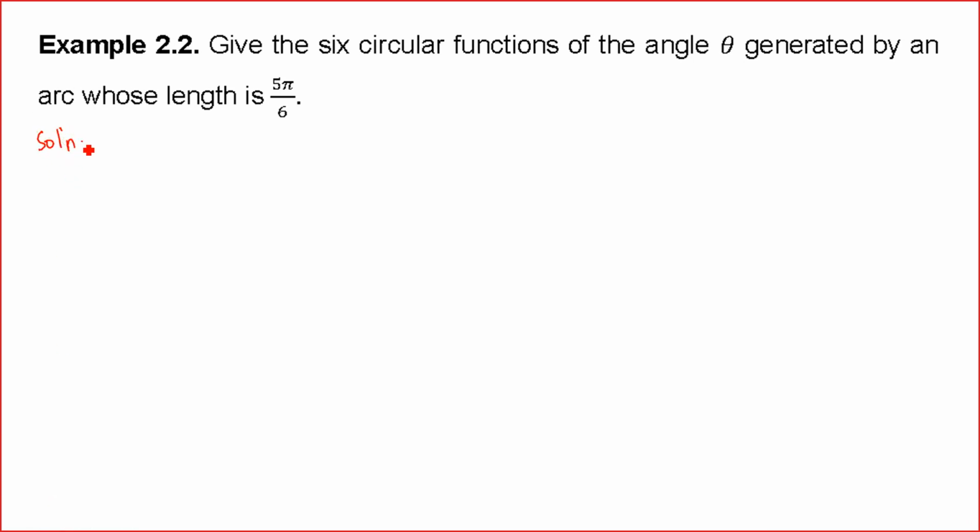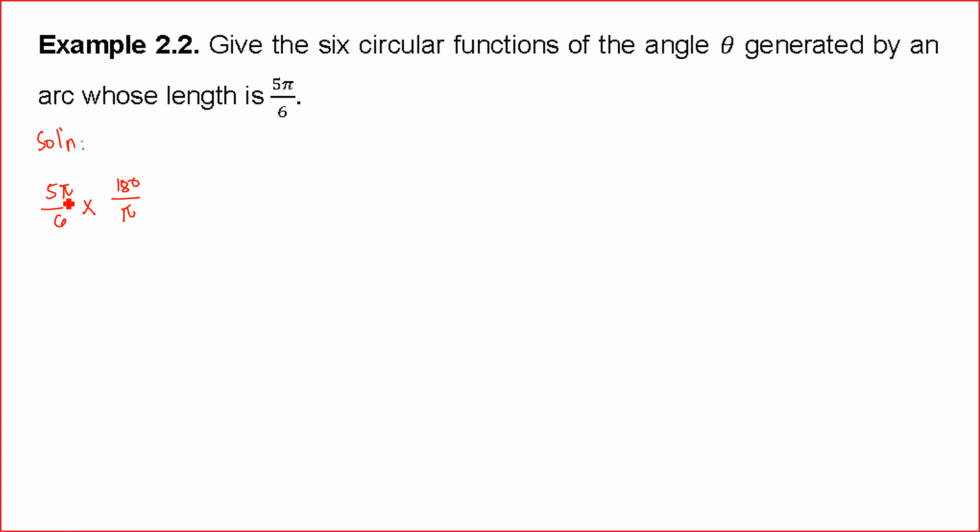Because personally, in my opinion, it's better to visualize the angle if it is expressed or converted into degrees. So since we have 5 pi over 6, we are going to convert this into degrees, so we multiply by the conversion factor, 180 over pi.